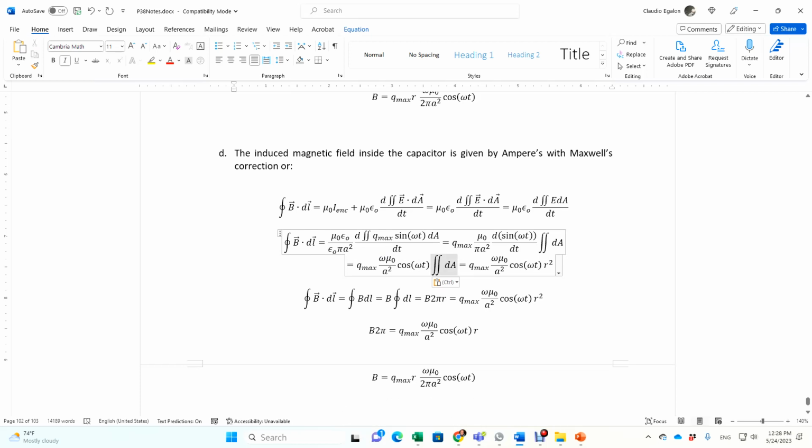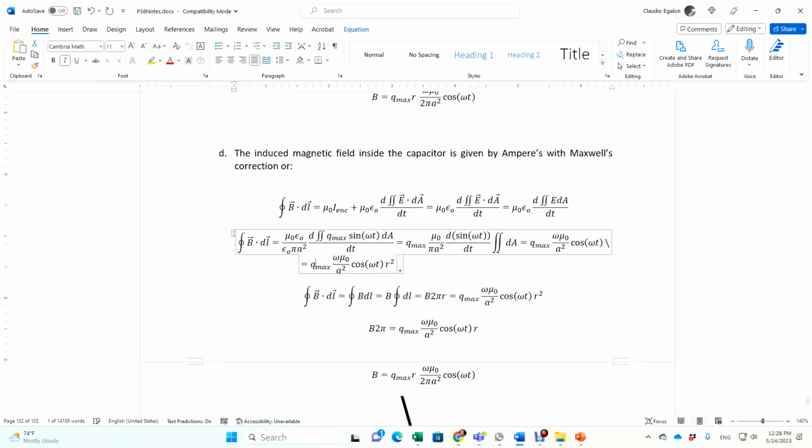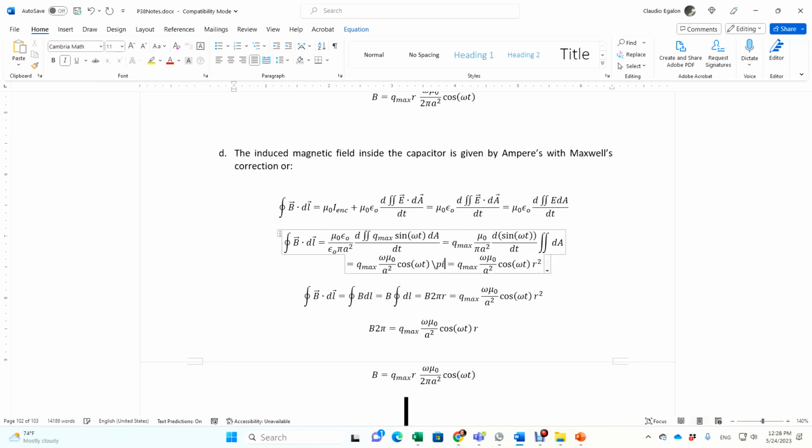And this area is no longer going to be pi r squared, it's going to be pi a squared, because now we are taking the flux throughout the entire area of the capacitor.